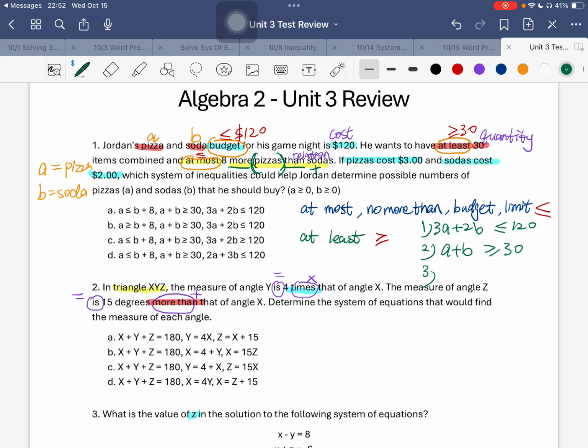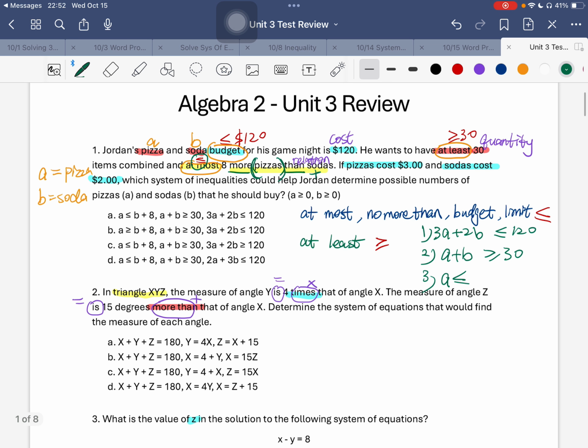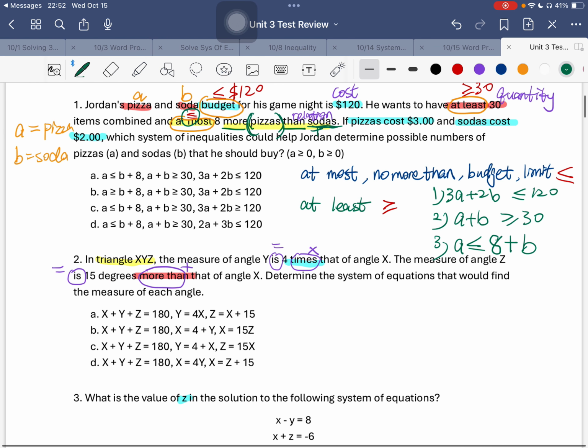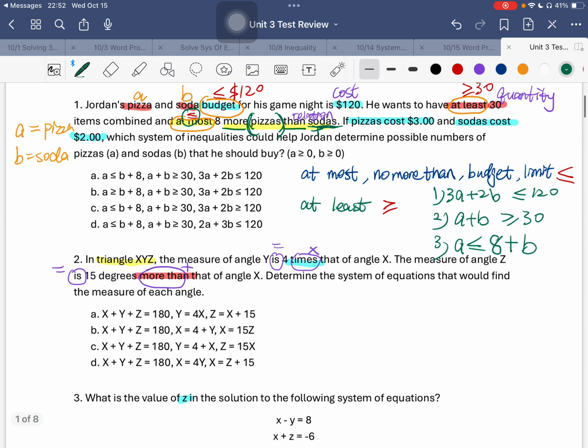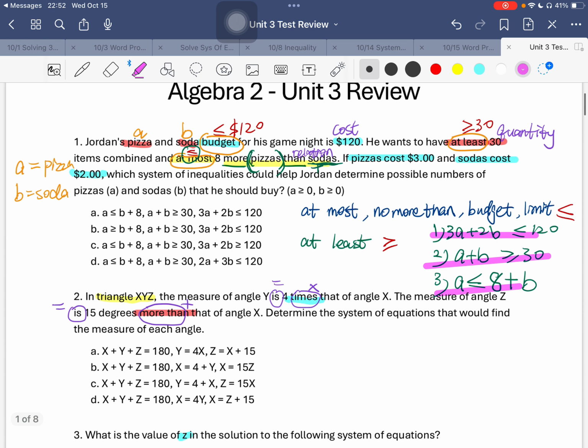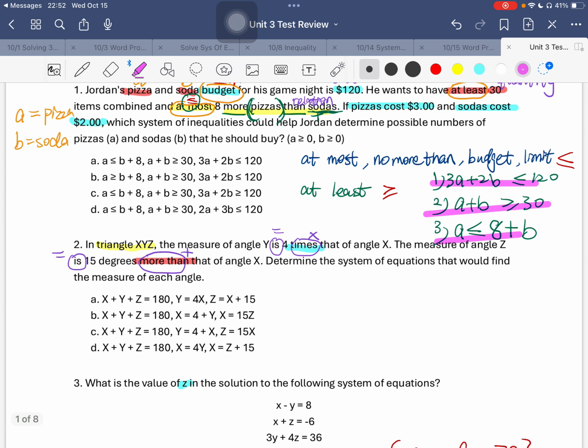Left part will be pizza, which is A. And the inequality sign we use is less than or equal to. A less than or equal to 8 more than, which is plus, and what's left over, soda, which is B. So that's how we get our inequalities. Check which answer choice is the same as my inequalities and pick the correct answer.